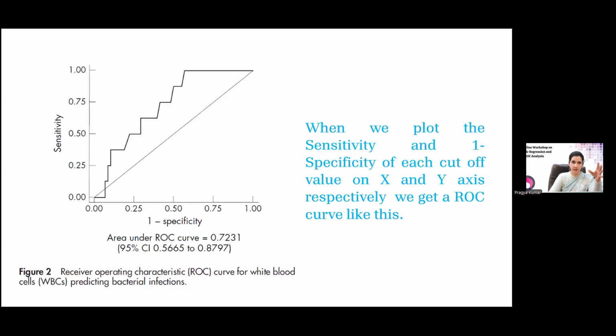When he drew the ROC curve, all these points are the specific points at each cutoff. On the y-axis it plots the sensitivity, on the x-axis the 1 minus specificity, and then it joins these points and forms the ROC curve, like this.